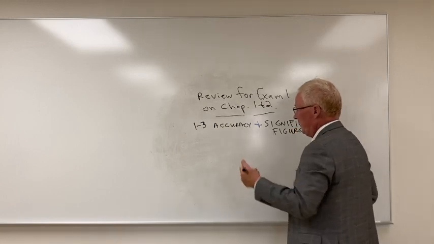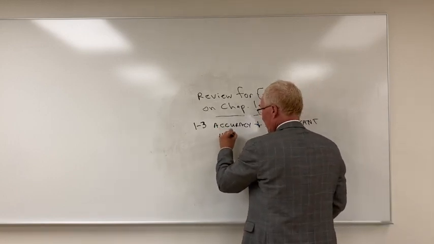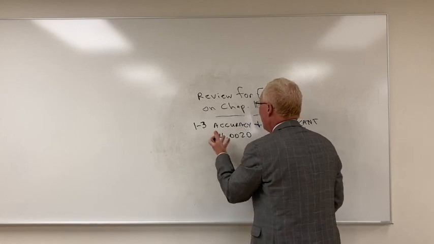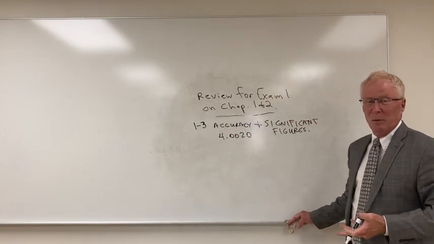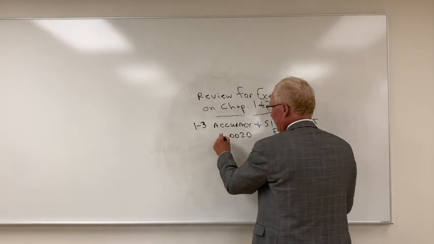So a question might be something like 4.0020. How many significant figures does this number have? Right? In this case, it would have 5.